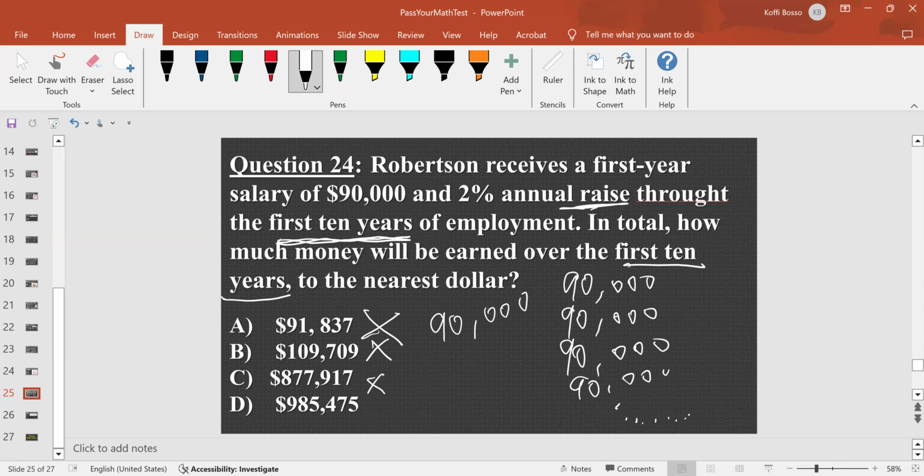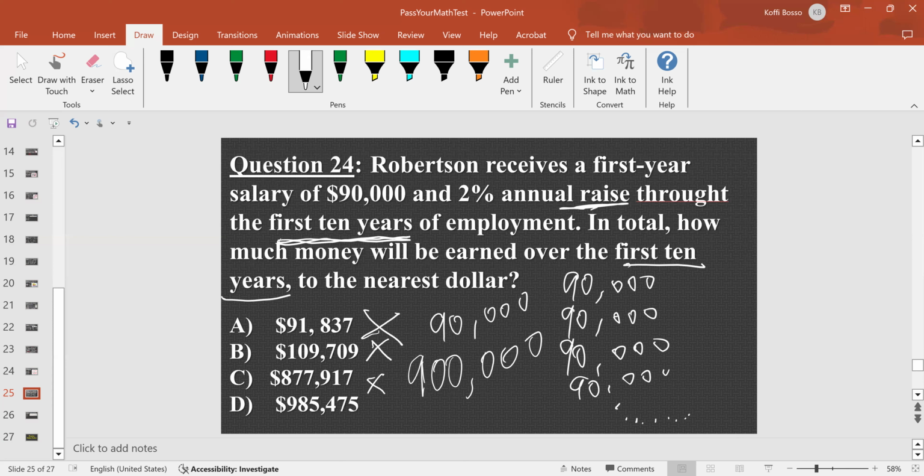In 10 years, it's going to be 900,000 without a raise. So you see that A, B, and C are below 900,000. That's what I'm saying, that you don't need any formula to calculate this.